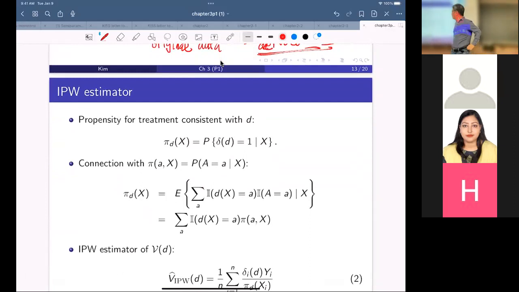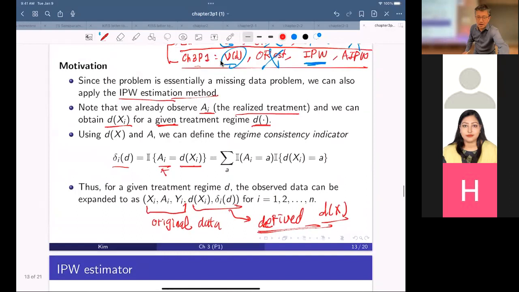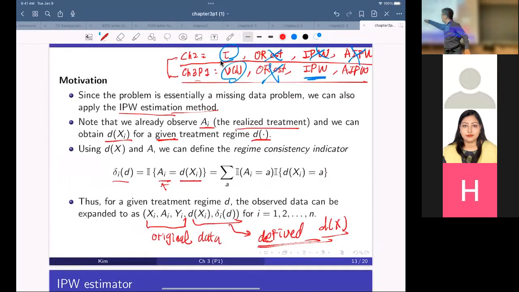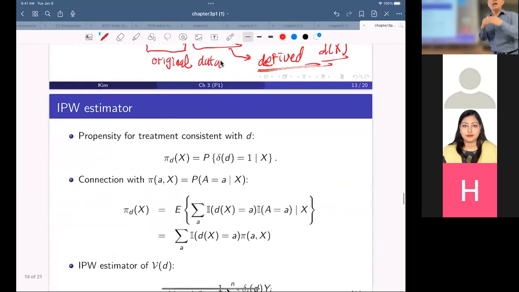This is a really interesting observation. The idea is that I create the delta, and what I want is to divide by the probability of delta, the propensity. But rather than modeling the propensity directly for delta, I can derive it.